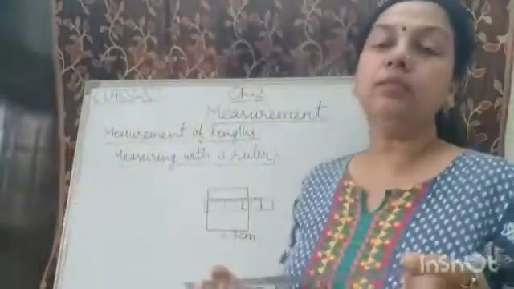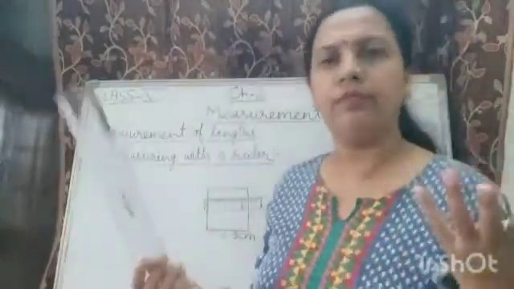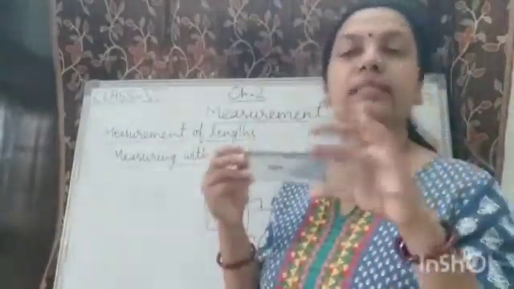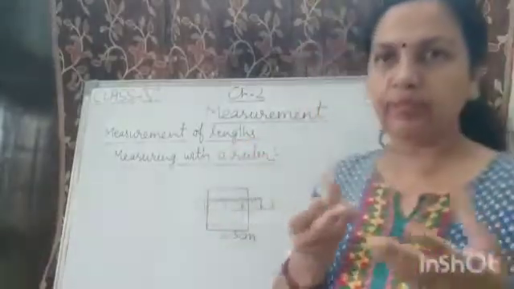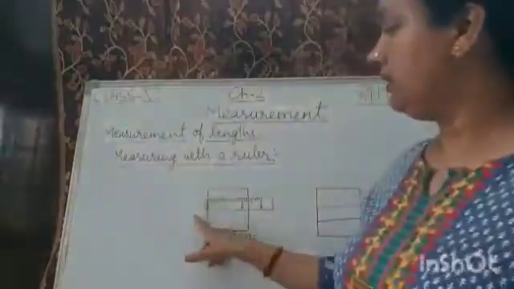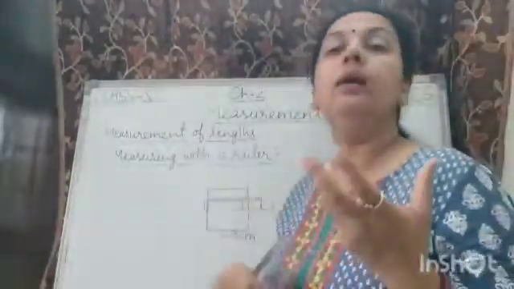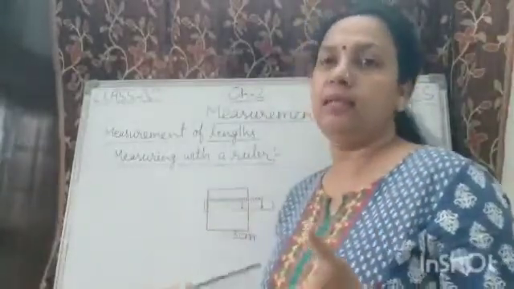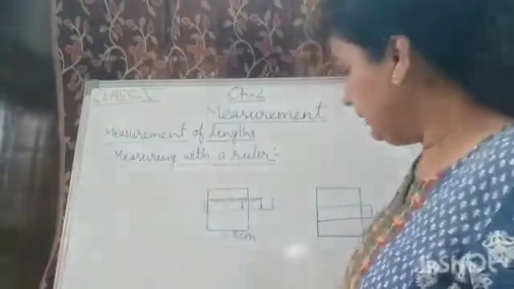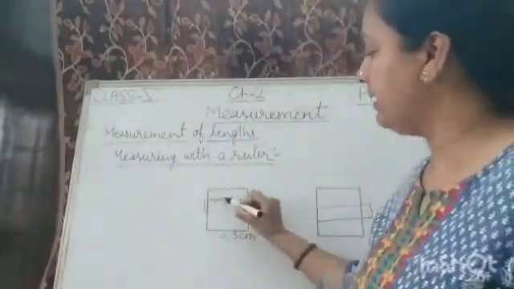Children, sometimes by the repeated use of the scale or for various reasons, the left side of the scale gets damaged. It happens many times. So what happens if the zero mark gets damaged? How will we take the measurement in that case? In such a case, we will take the measurement from the 1 centimeter line.